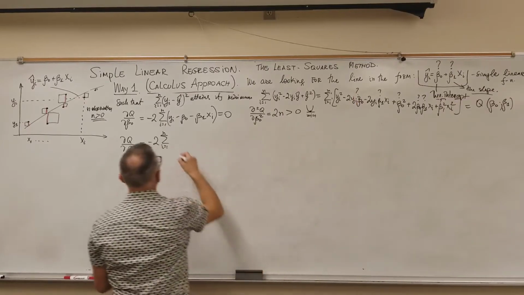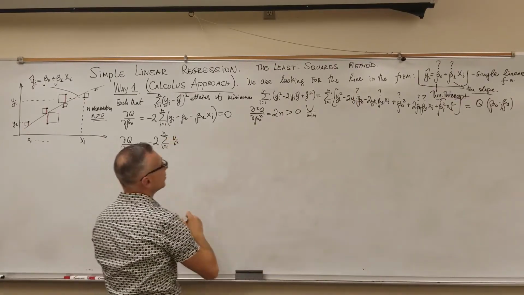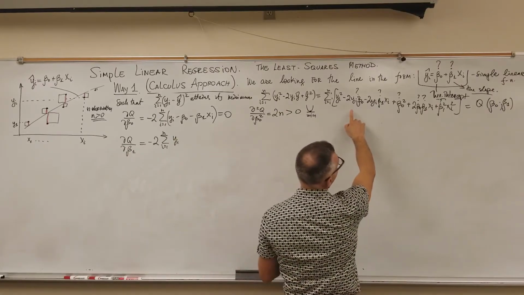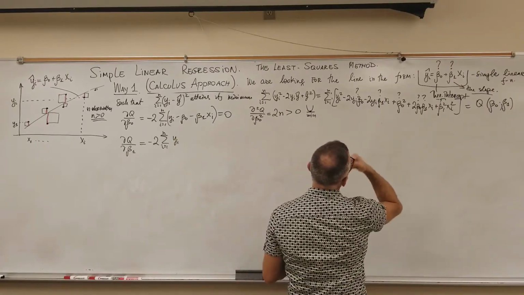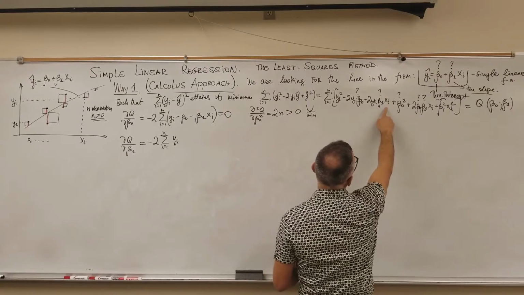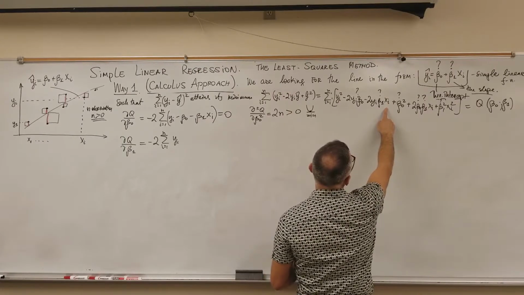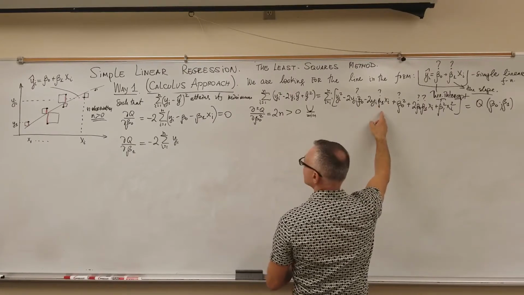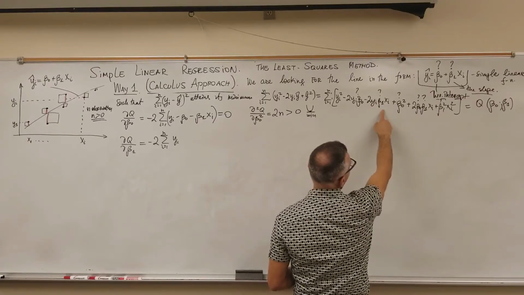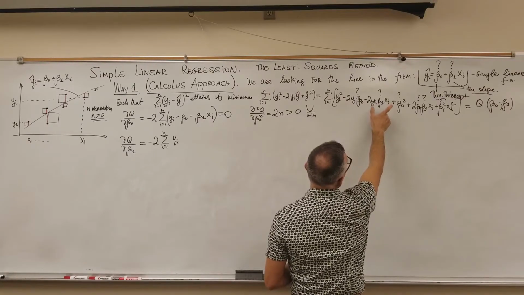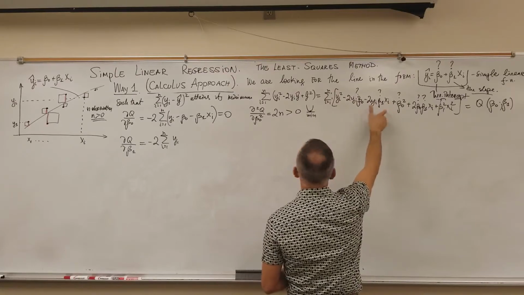Under the sum, I have my yi xi, yeah, minus 2 out with respect to beta 1, so it will be yi xi.